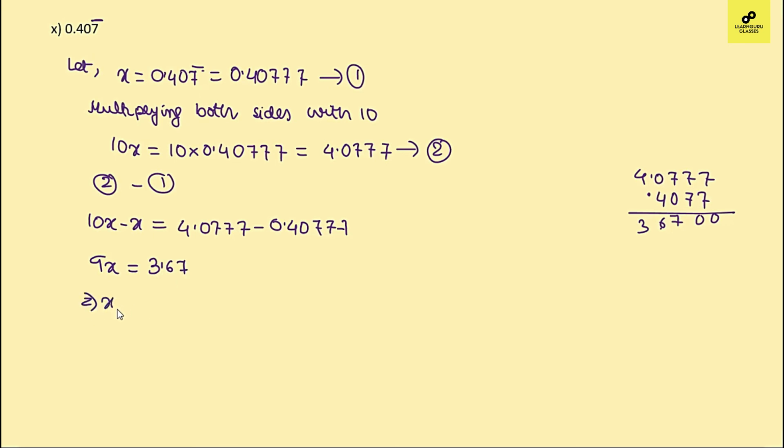So let's get rid of the decimal. 3.67 by 9. So to get rid of the decimal, you multiply both the numerator and denominator by 100. So you are getting 367 by 900.